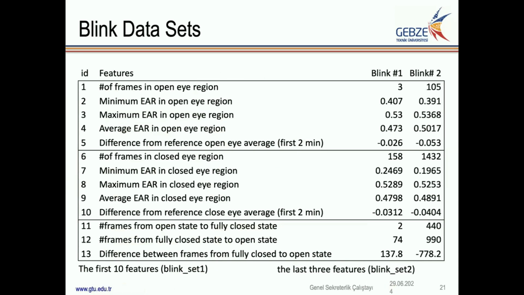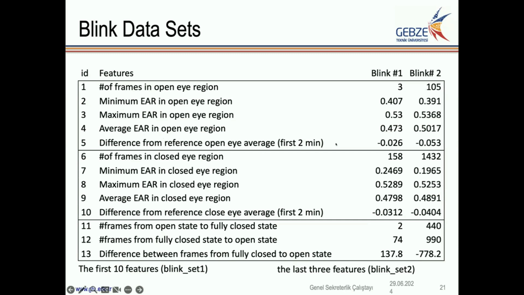So these are the features we obtained from the users. For example, the number of frames in the open eye region, which is the duration of the open eye, and the minimum EAR in the open eye region, the maximum EAR, the average EAR, and also the difference from the reference open eye average.